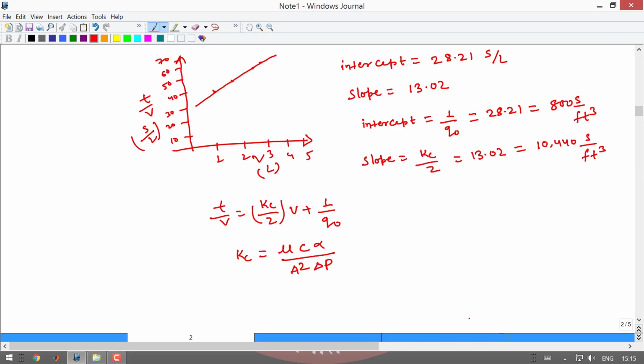Here mu is viscosity and C is the concentration. Now everything is known except alpha. Alpha is the specific cake resistance that we have to find out. So, alpha equal to area square delta P Kc by mu into C.